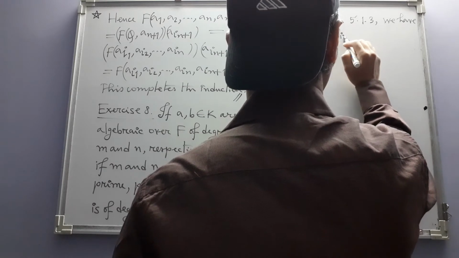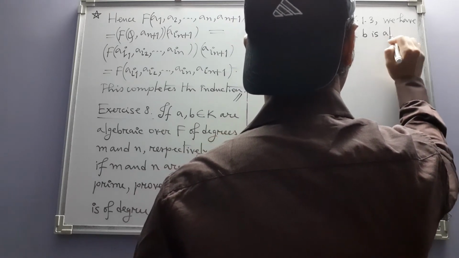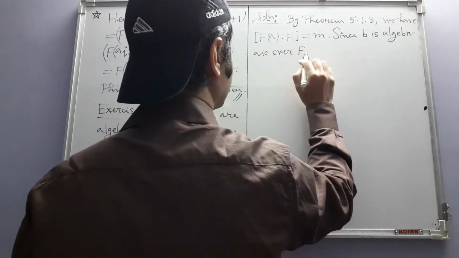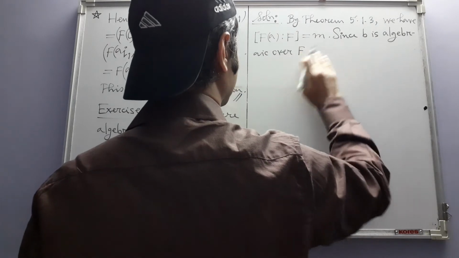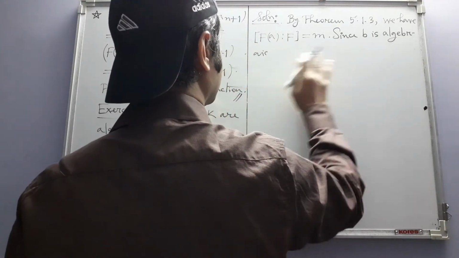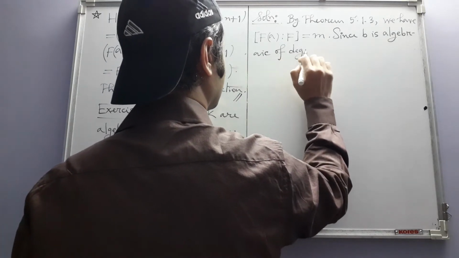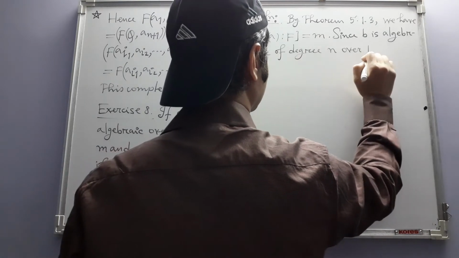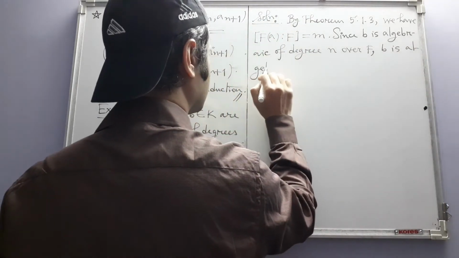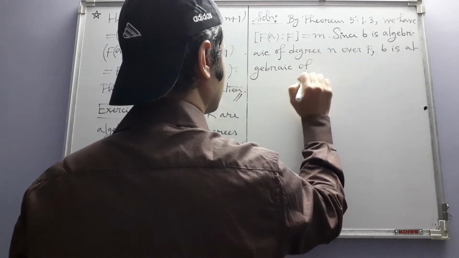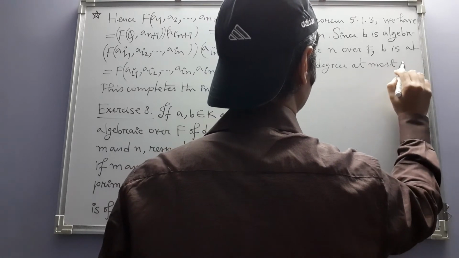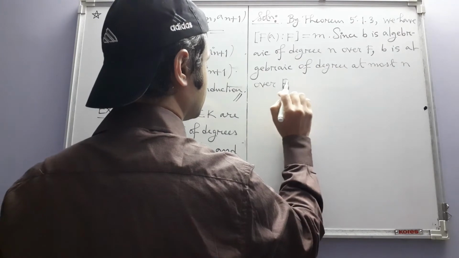Since b is algebraic of degree n over F, b is algebraic of degree at most n over F(a).